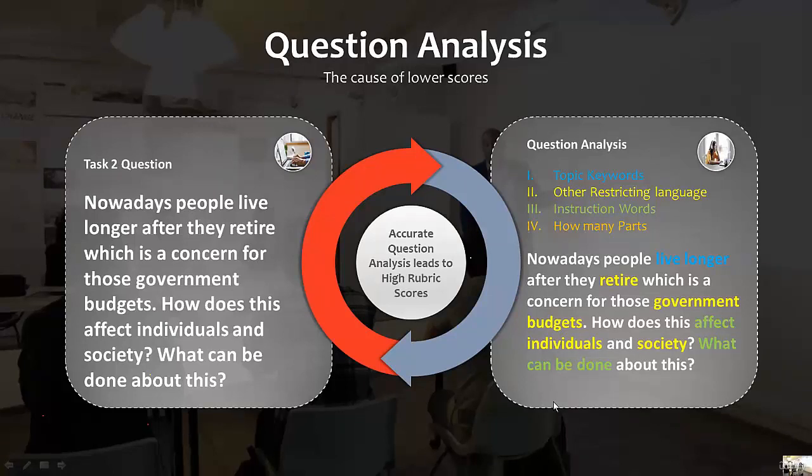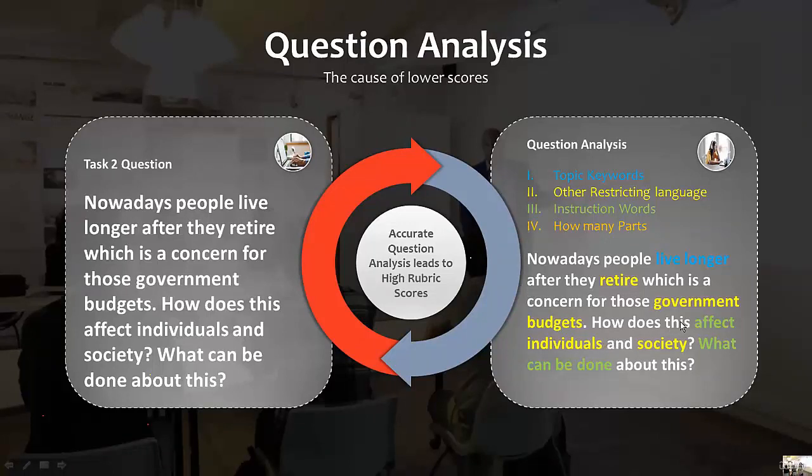What are the 3 parts? Does anybody know the three parts? All right, no.